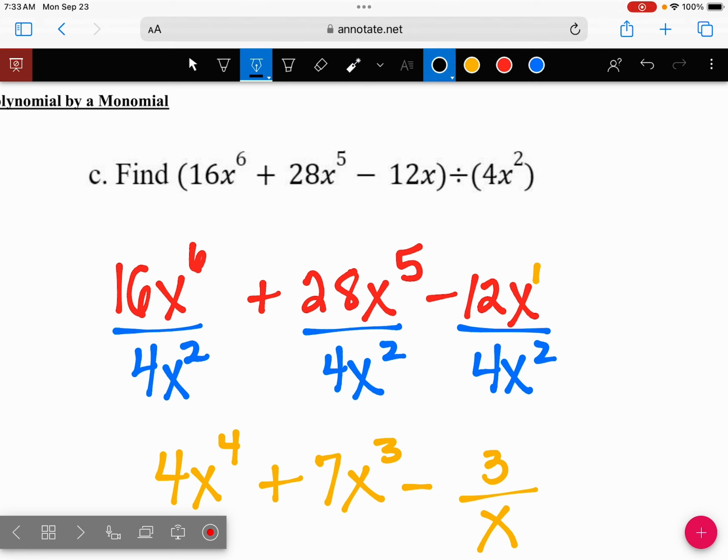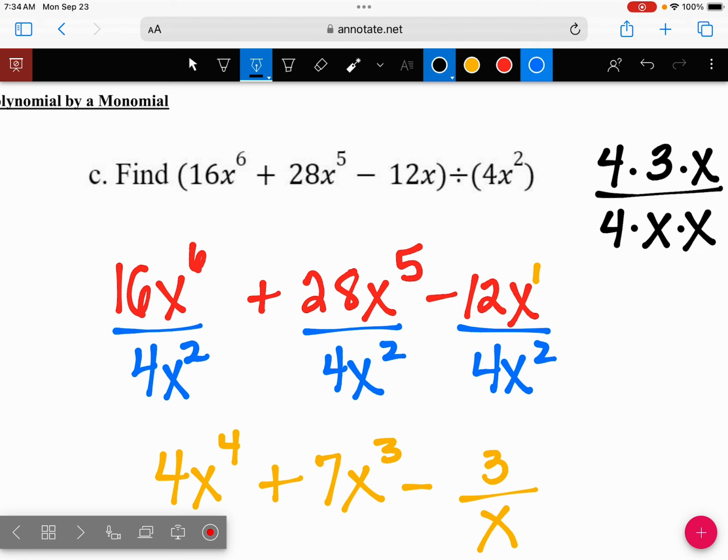That's the same as saying if we were to break this down to 4 times 3 times x divided by 4 times x, when I cross out the 4's and I cross out the x's, I'm left with just an x, but it's in my denominator. This is what I'm left with, 3 over x. All right, go ahead and work through that last question on your own.